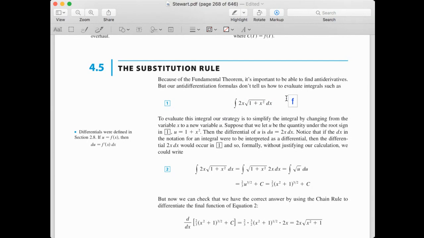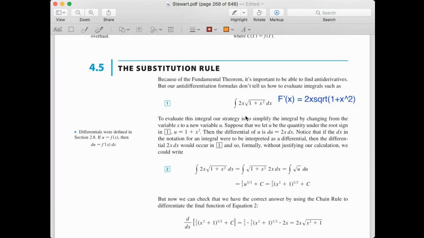So let's call this f prime. f prime of x equals 2x square root of 1 plus x squared. To do the antiderivative, we won't be able to apply the power rule because it's not just one term. It has two. It's a product of two functions.